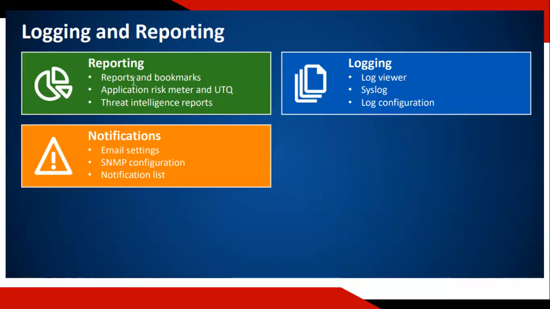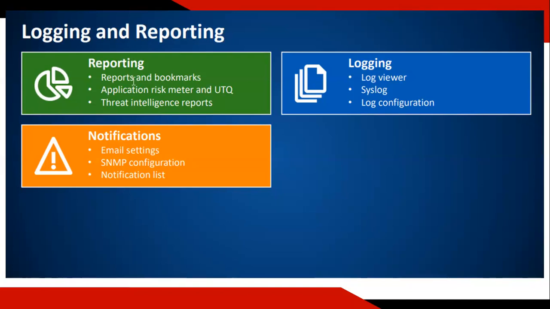So we'll see the different types of reports available on Sophos Firewall, the bookmarks, application risk and UTQ, threat intelligence reports, and much more. We also set up some notifications from the firewall.